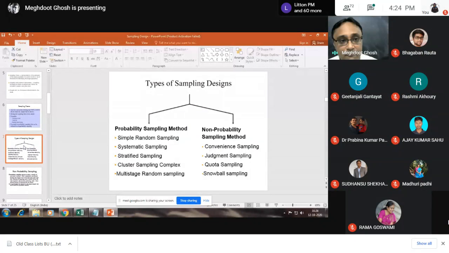And snowball sampling. Snowball means, if there is a snowball and you throw another snowball to it, the snowball size is going to increase, right? So this is basically network sampling. Suppose I have gone to a hospital to study drug addicts. The research that I am doing is highly touchy, so I cannot just ask everybody whether you are a drug addict, you are a drug addict.